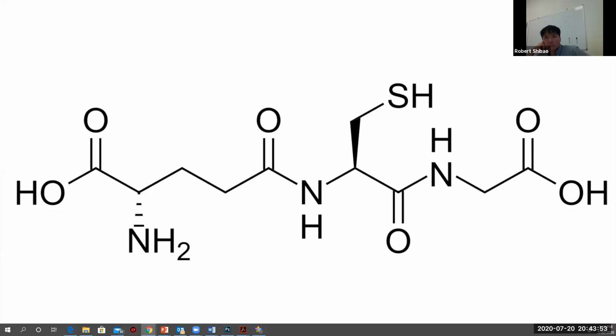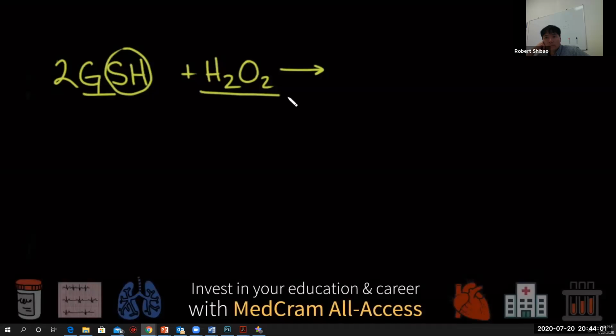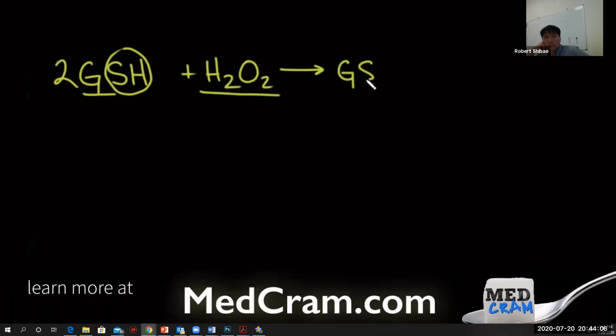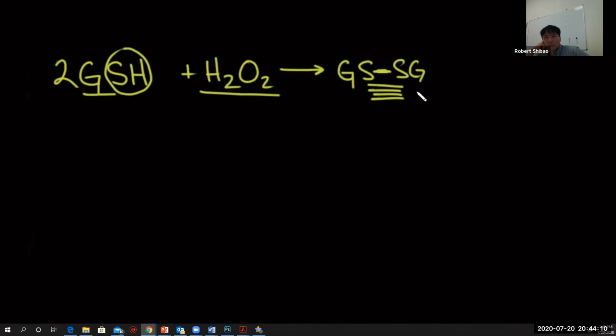So what does that mean? Well, what it means is that if you've got 2 glutathiones with this SH group and you oxidize it with hydrogen peroxide, you will couple 2 of these glutathiones together in a bond that will make them connected, and you'll release water.